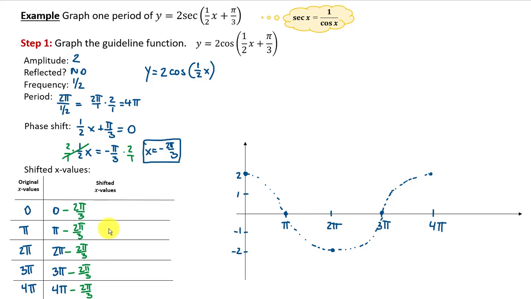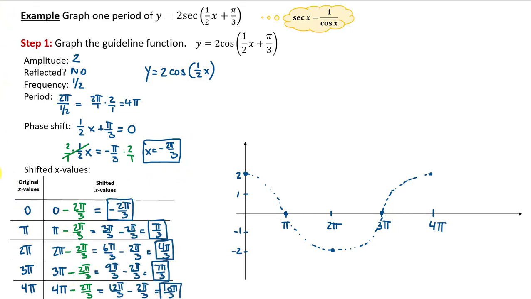And now to calculate where these points are going to be positioned after the shift or translation, I will need to subtract 2 pi over 3, the phase shift, from each of those original x values. Okay, so I did all the math and these are the values I got. Next, I'm going to label them on the horizontal axis.